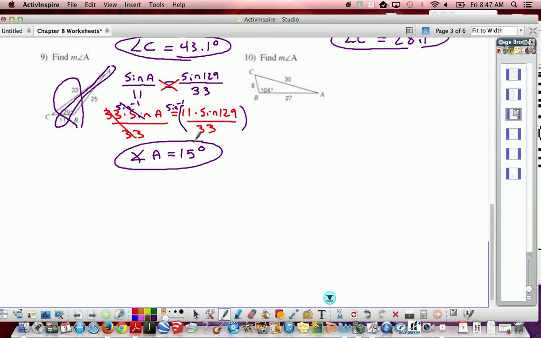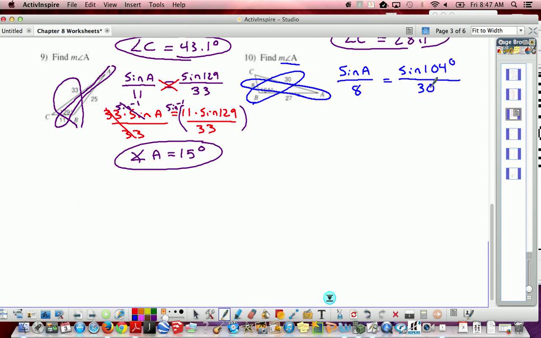All right, last one for the worksheet. Angle A is what I want. So I can go ahead and set this up. Sine of A over 8 is equal to sine of 104 over 30. So I'm going to cross multiply again.